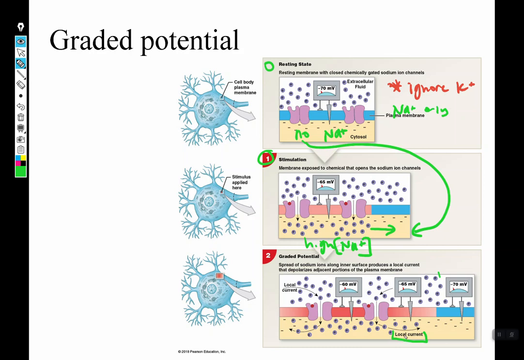So this local current helps to move and spread the site of excitation across the membrane. And if there's enough of a local current, we might be able to recruit voltage-gated channels at the axon hillock, and that's what would start an action potential that will be able to propagate down the axon.